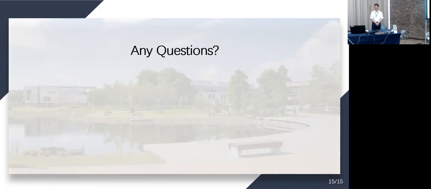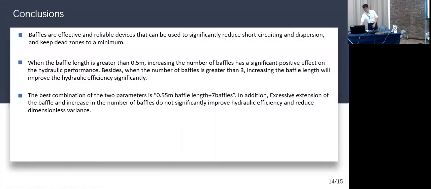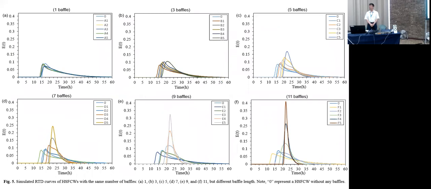Any further questions? Yeah, what is the purpose of having high variance on your last results? I get why the figure on the left, the hydraulic efficiency, needs to be high. But what's the role of the variance?